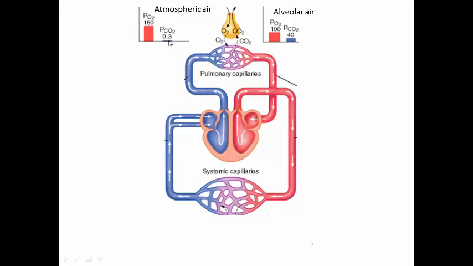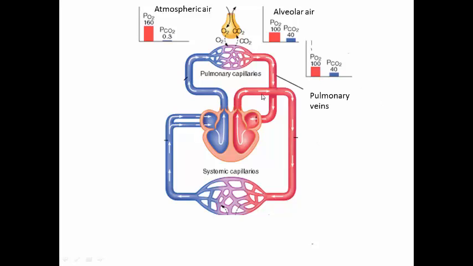That of carbon dioxide is negligible, approximately 0.3 millimeters of mercury. In the alveolar air, partial pressure of oxygen is approximately 100 or 102 or 104 or 105. We have different values in different books. And that of carbon dioxide is 40 millimeters of mercury.